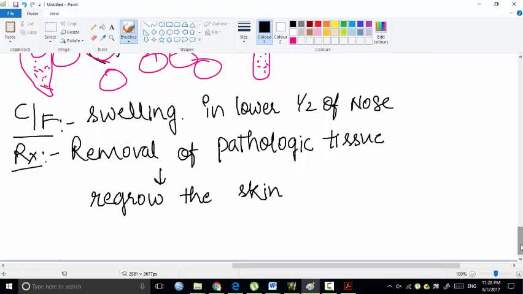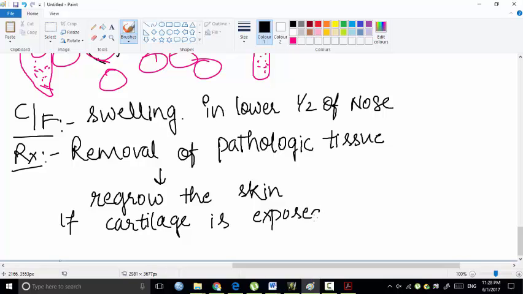Right? If cartilage is exposed, then instead of regrowing the skin, you have to put a skin graft, right?